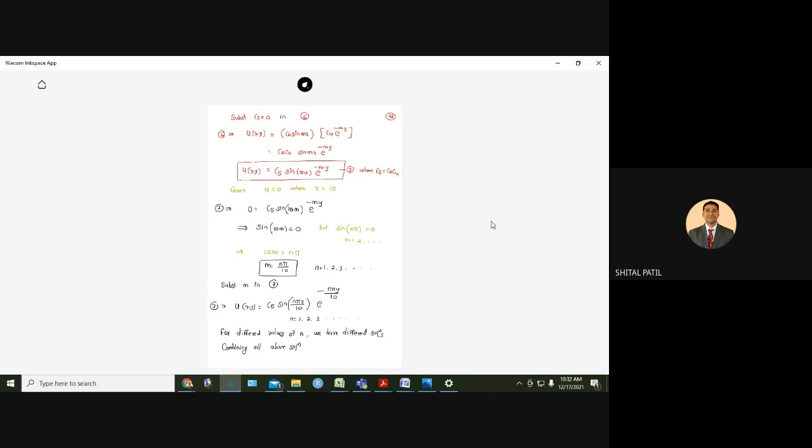Combining all the above solutions, I'll go to the next page.